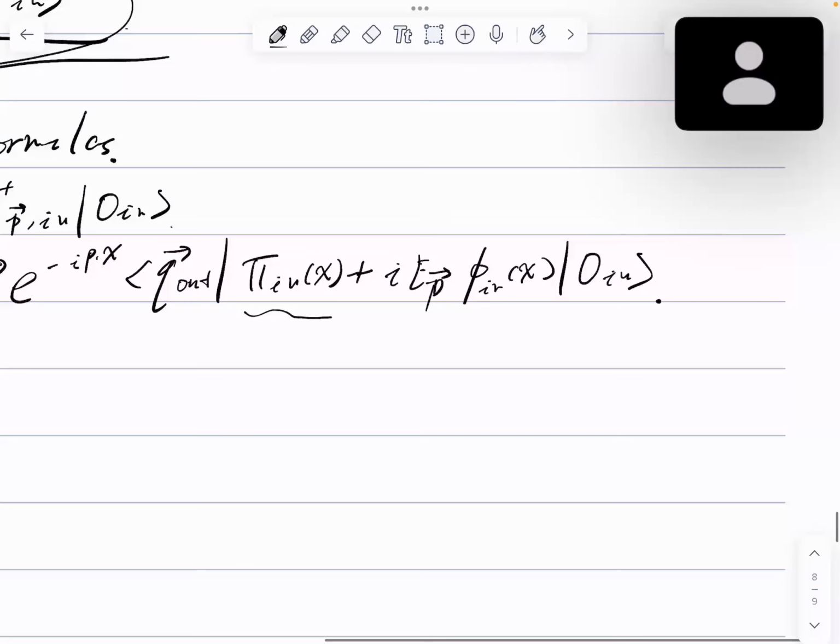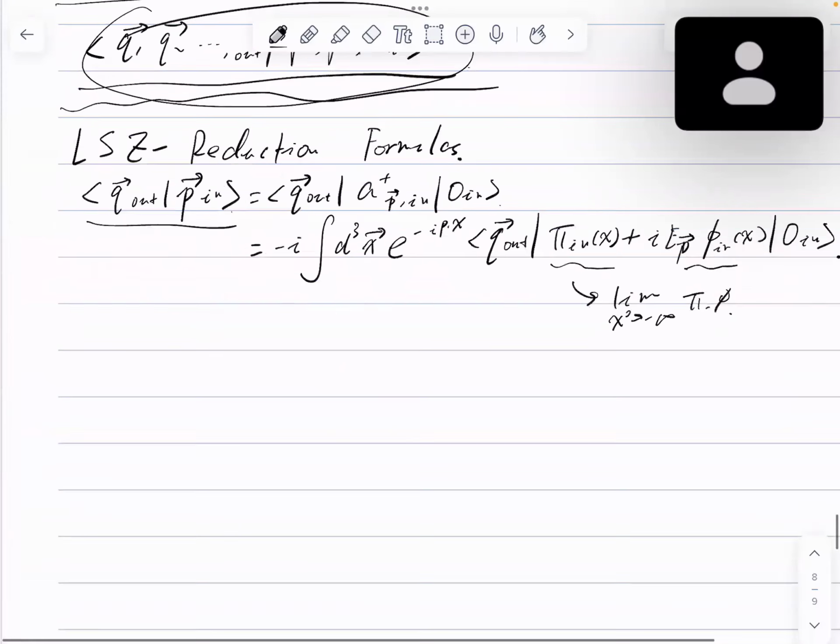Notice that this pi in and phi in are just the limit for x0 tends to minus infinity of pi and phi. Okay, so how can we proceed?